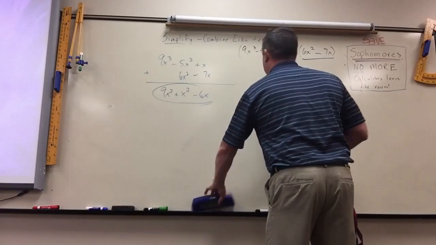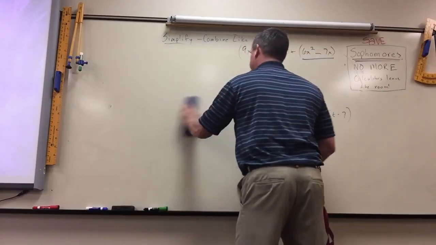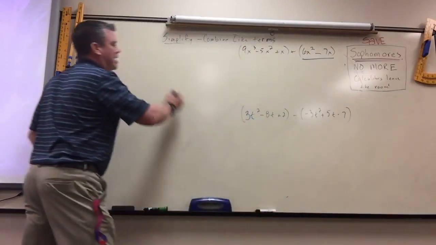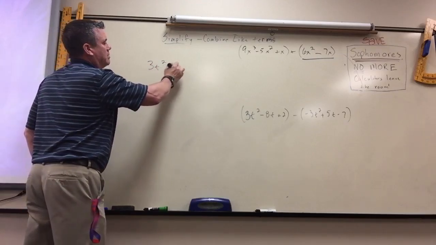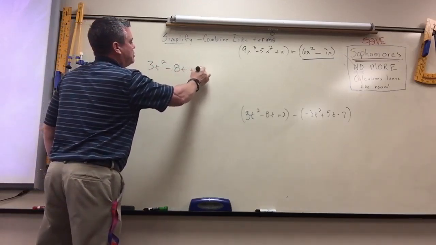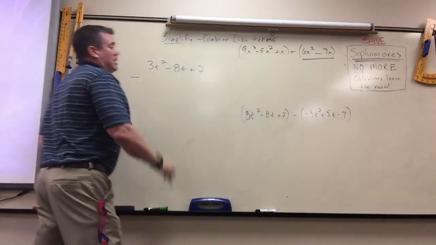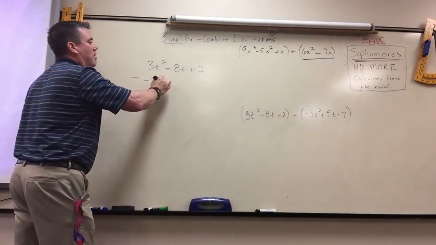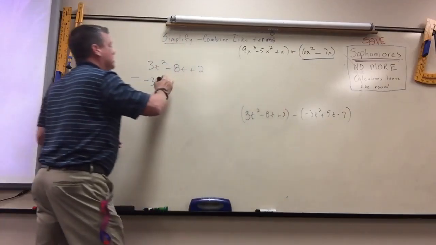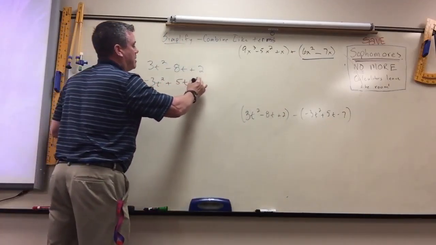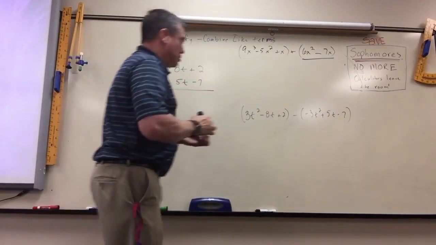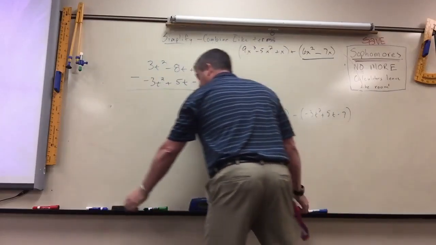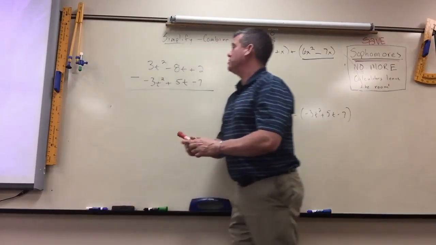So the same thing on this one. If we lined it up, I'd have 3t squared minus 8t plus 2 take away. I got to line up the t squared underneath this one, and then the 5t, and then the minus 7. So when you subtract, you got to use subtract rules.